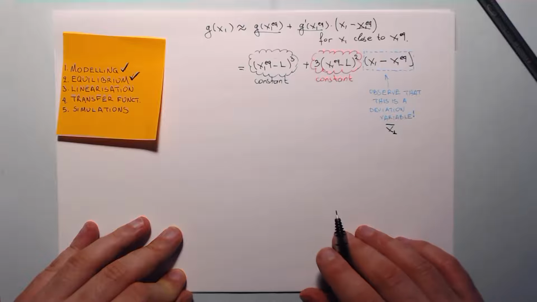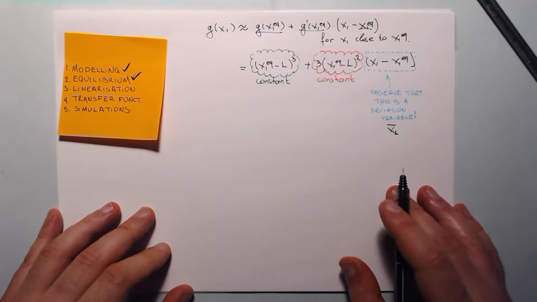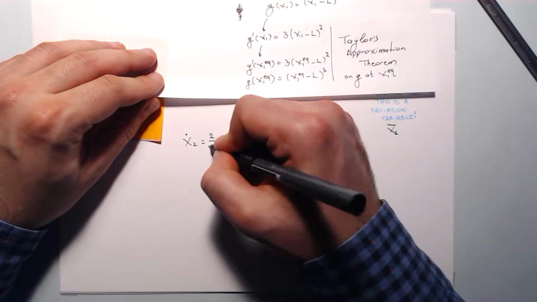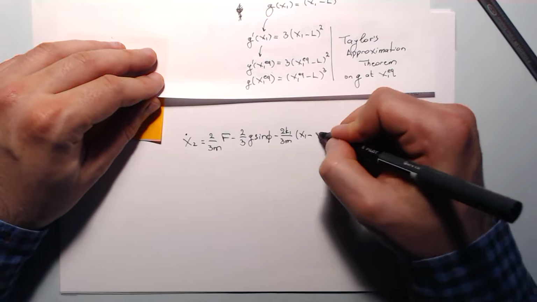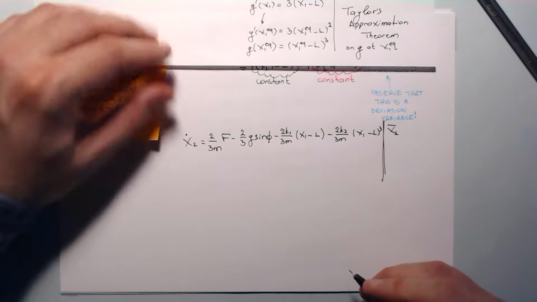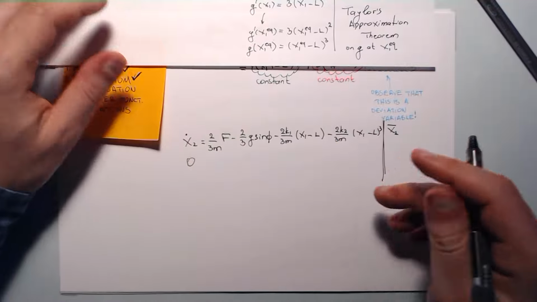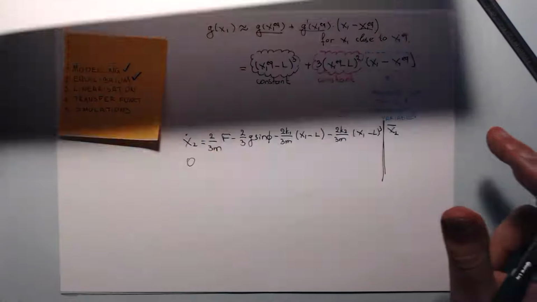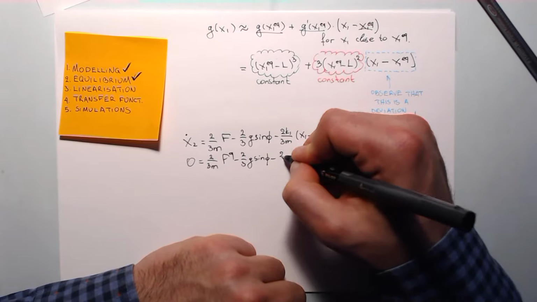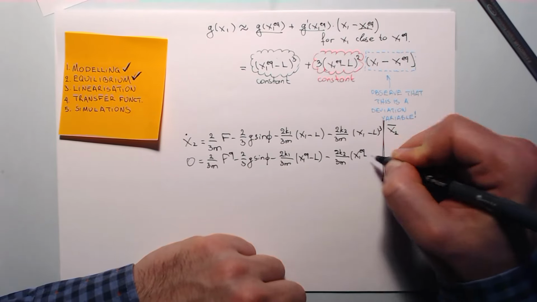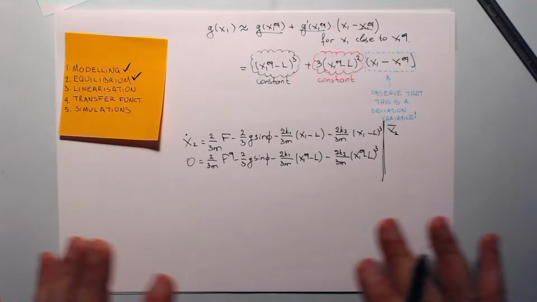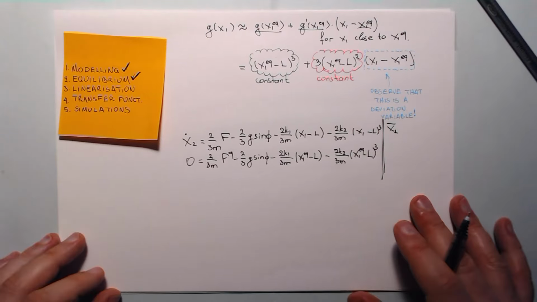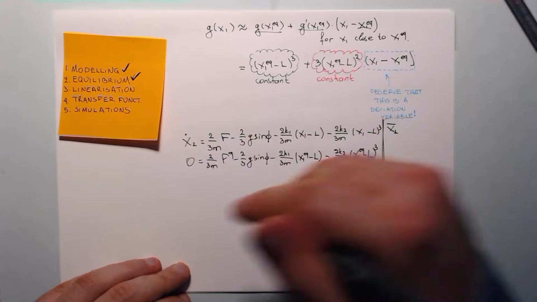So now let's go back to the original system, which is, let's copy it from here. It is x2 dot. Let's write it just underneath the other equation we obtained previously for the equilibrium point. Let's write it just underneath, nothing more. We just want to have all equations collected in one place, not to have everything all over the map, just to know where exactly we need to focus.